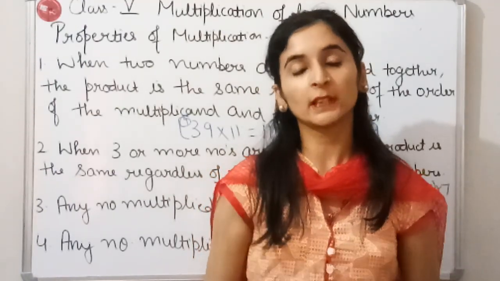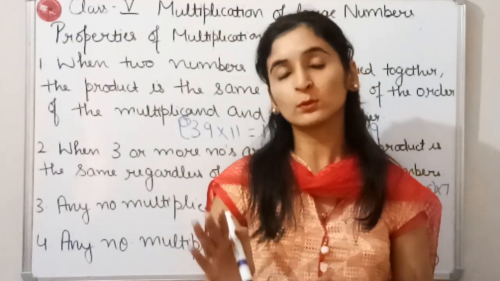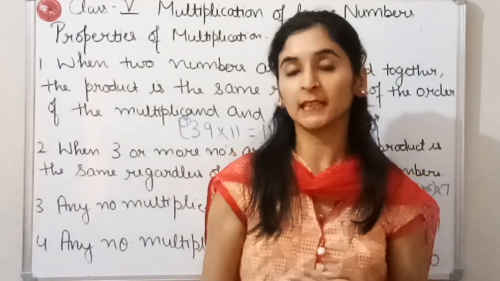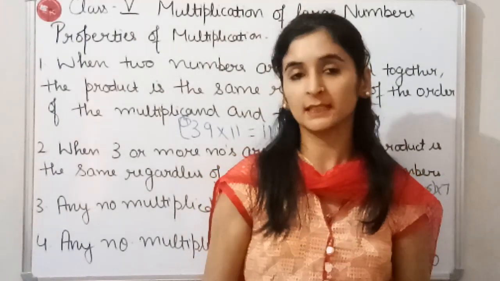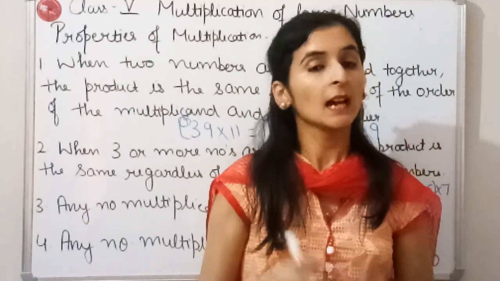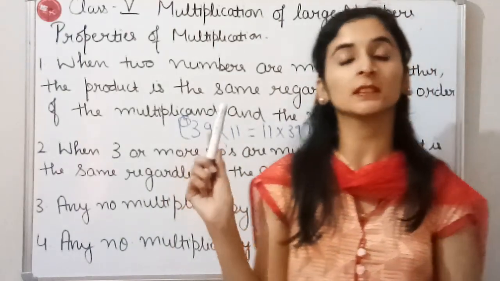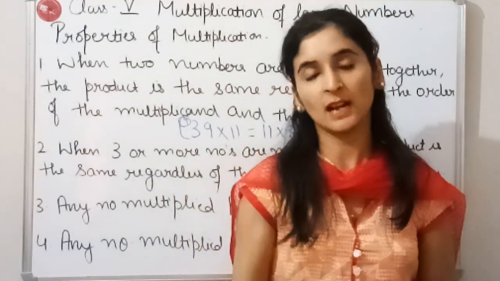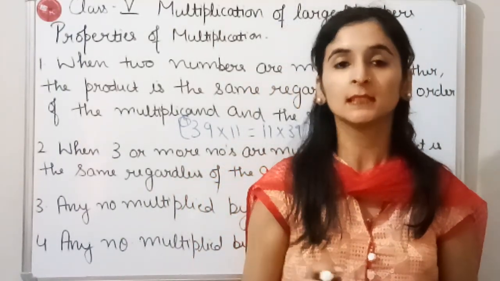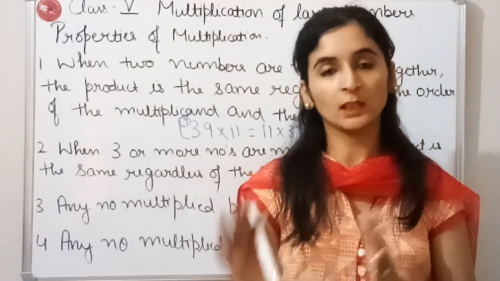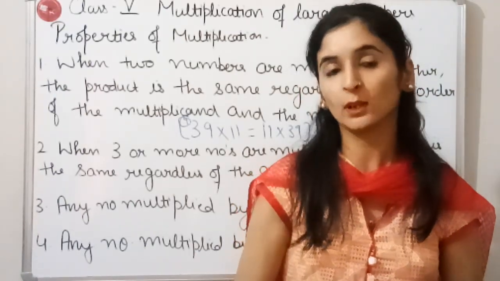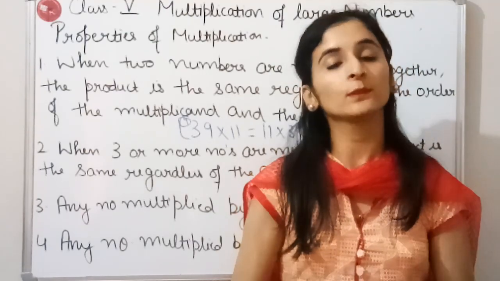Today you just have to watch this video again and again to understand the concept of multiplication, and you have to write the properties of multiplication in your notebook, like you have written the properties of addition and subtraction. All the properties are given in your book also. You can note down from your book.